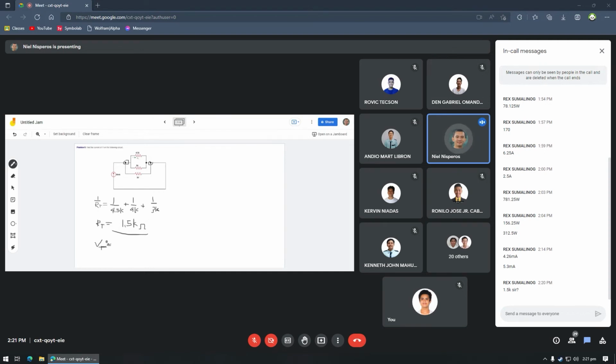So voltage total is equivalent to 8 milliamperes times 1.5 K. Voltage total is equivalent to kapila? 12 volts.